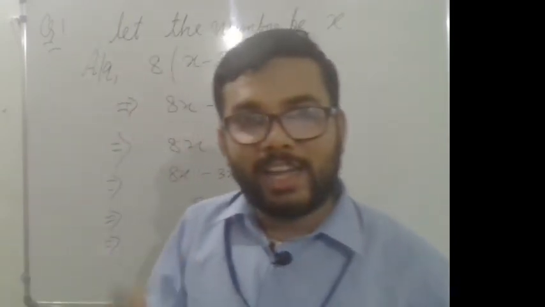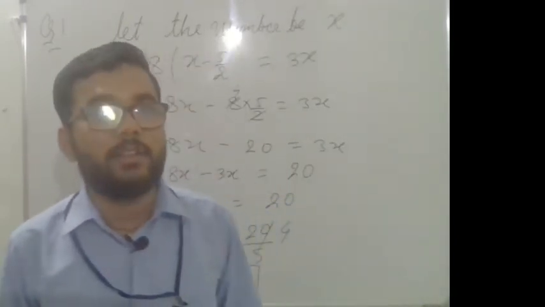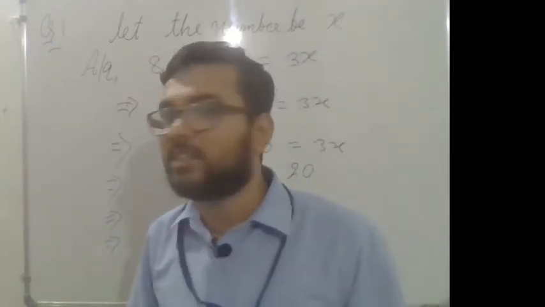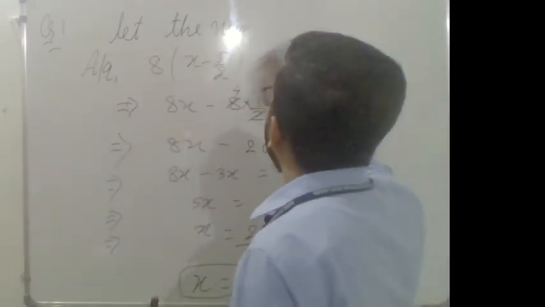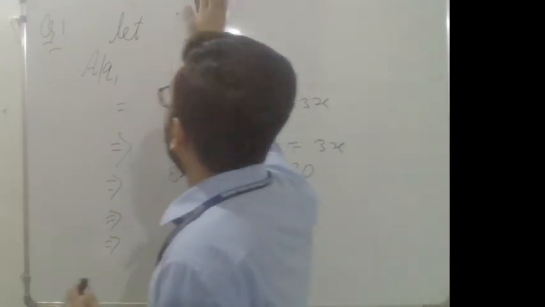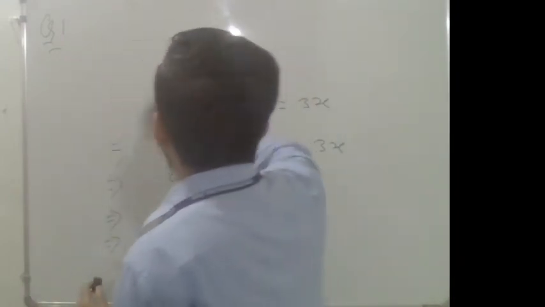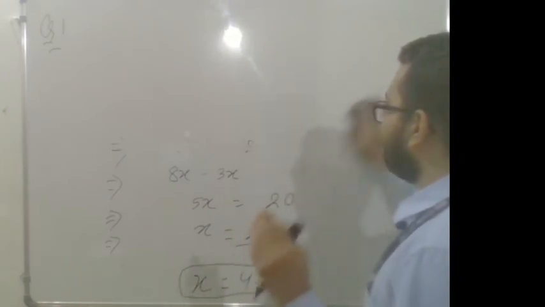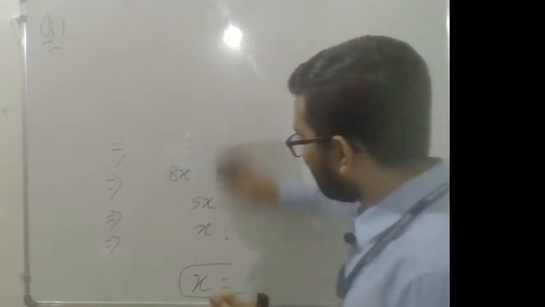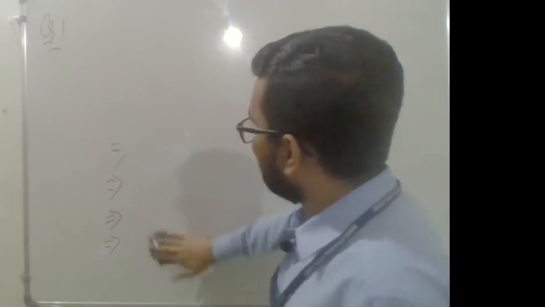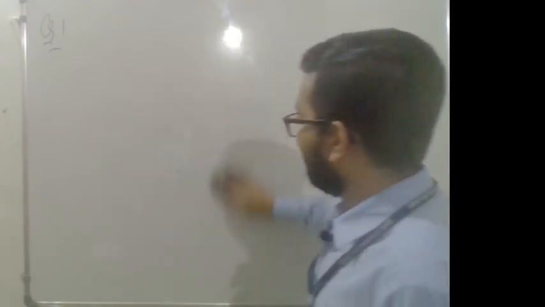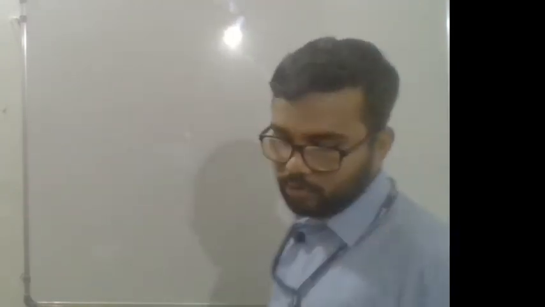You just read the questions and then solve step by step. Follow the steps. What is given in the question and what you need to find out? Try to understand. If you can't understand after reading the question the first time, read it again. When you read the question 1 or 2 times, you can understand 75% of what you have to do.